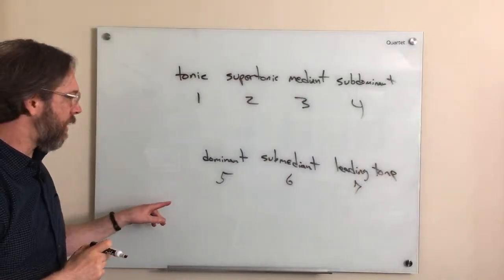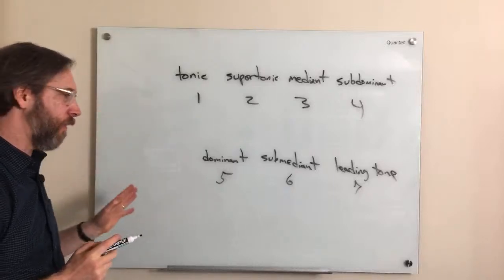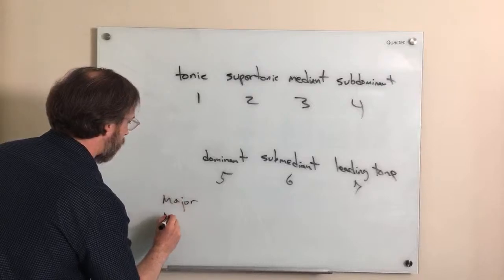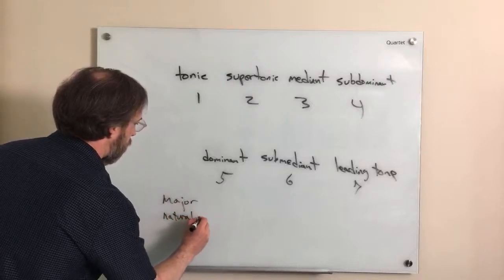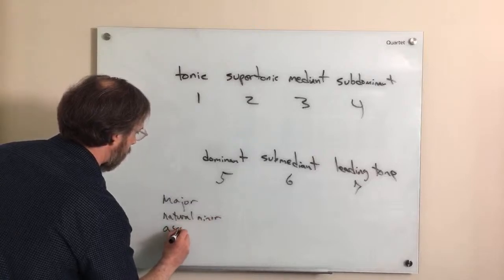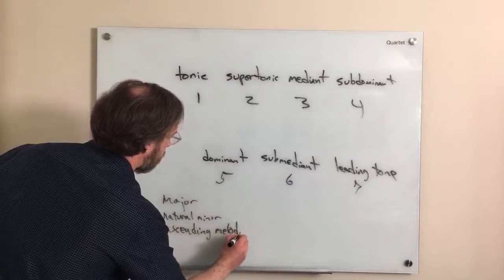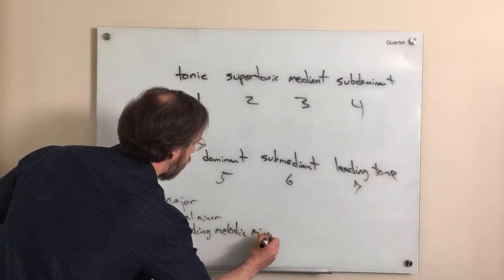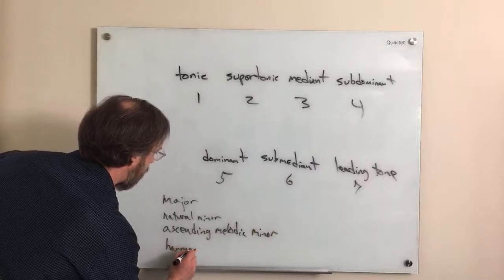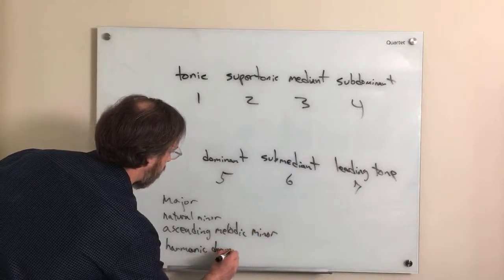You might be talking about learning the different scales, so the difference between a major scale, a natural minor, an ascending melodic minor, or a harmonic minor, and how to memorize the different scale degrees and what they are.